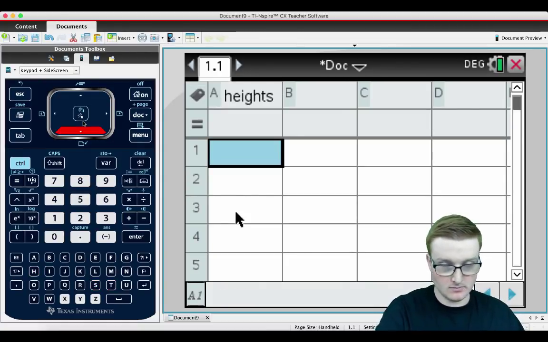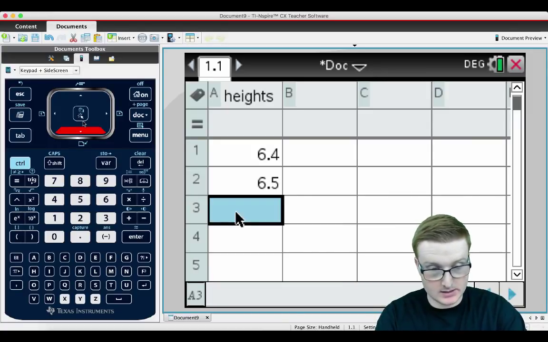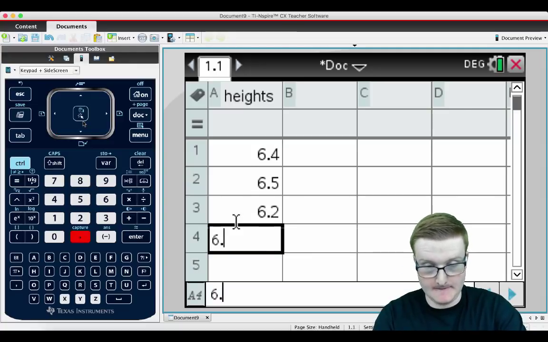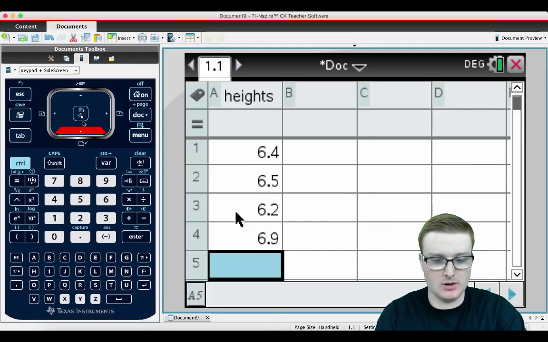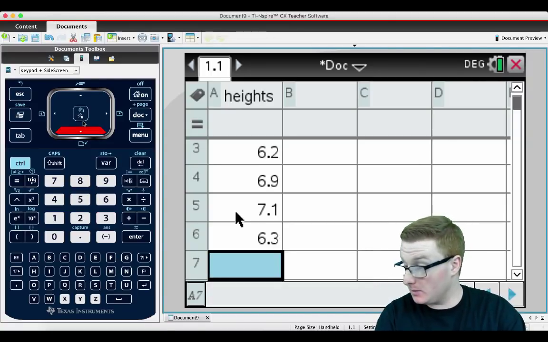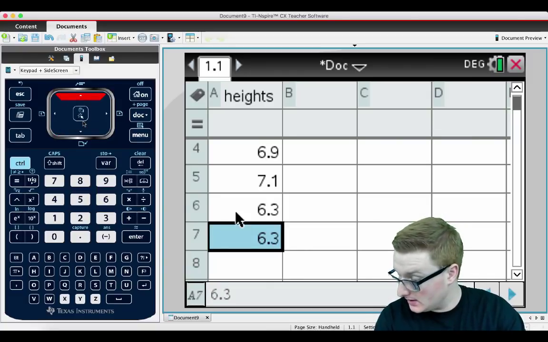Okay, so here we go. 6.4. I'm just reading this right from the chart. 6.5. 6.2. You could skip this if you want to. 6.9. This is so annoying. 7.1. And it sucks for you people because you actually have a calculator. I'm using a computer. I have a keyboard.